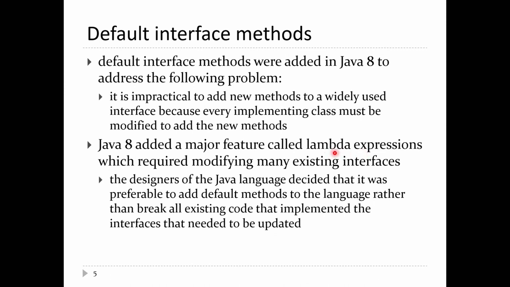By adding these things, they had to adjust many of the interfaces in the standard library. The only way that they could adjust the interface without breaking everybody else's code was to add in these default methods. And so you can see here that languages evolve over time. Java is, I guess, a mature language now. It's changed many times, and when it adds new features, that adds some additional complexity to the language.